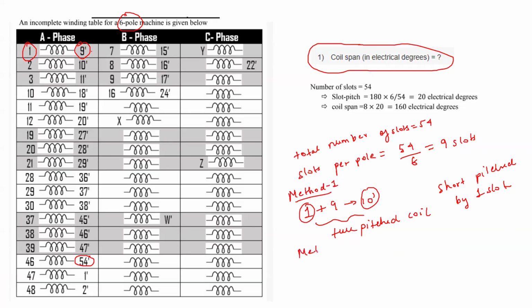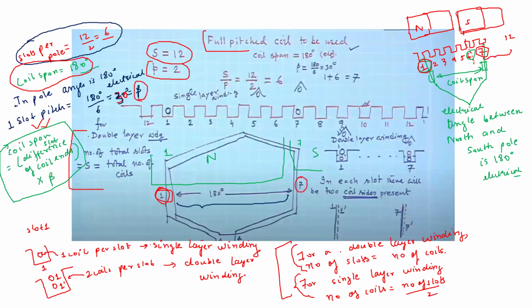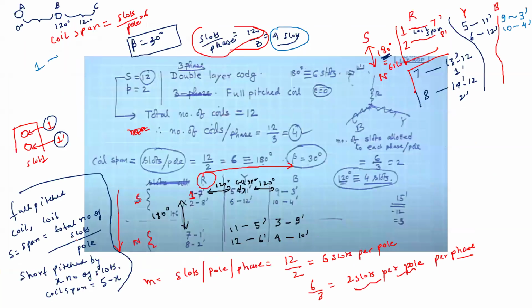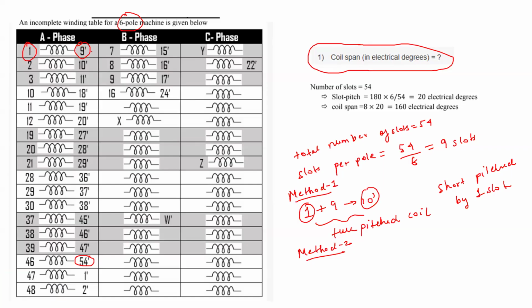Method two, if you do not know, is to use this formula: the coil span is the slot difference of coil ends into beta. So what is beta?